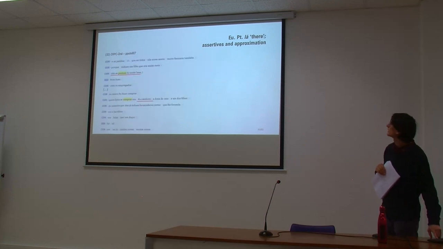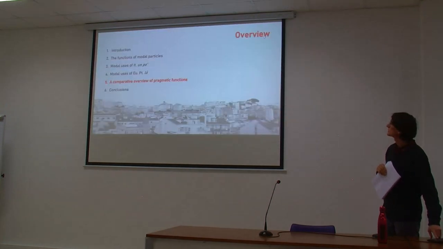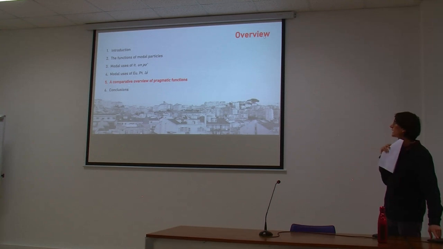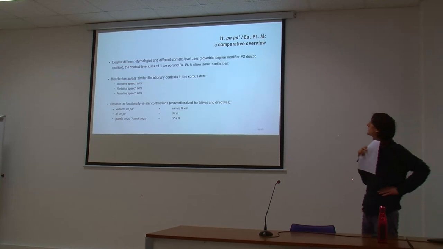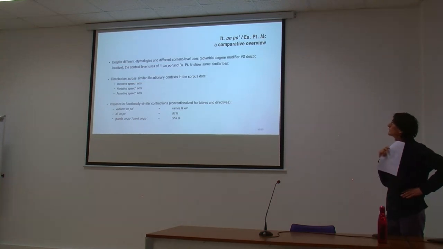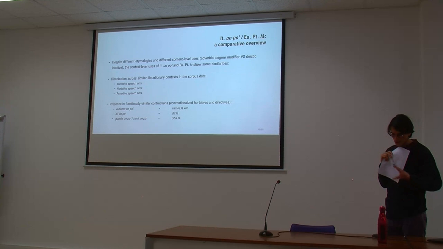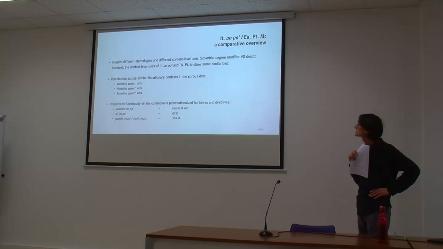Okay, we can skip this and move to the final part of the talk, and give a brief comparative overview of the functions that we've been talking about so far. So we can first point out some common features of these constructions.